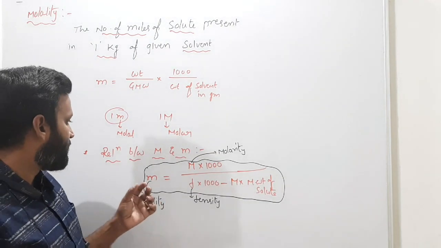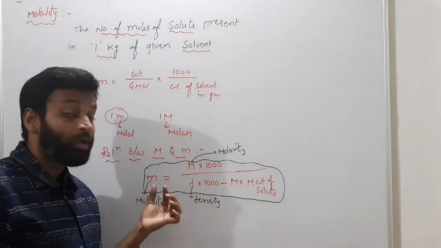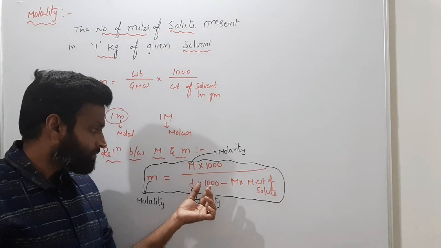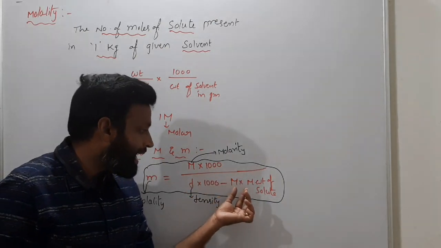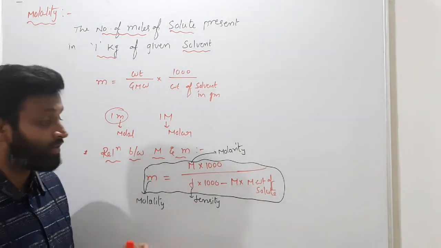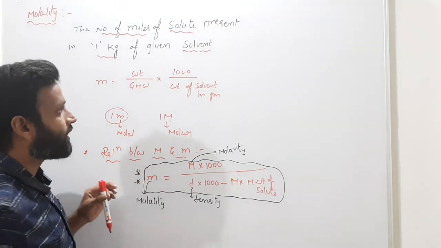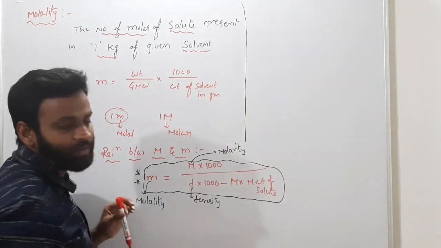So simply remember, in the relation between molarity and molality, molality is equal to molarity into 1000 by density into 1000 minus molarity into molecular weight of solute. This is a very important relation, so like that you can solve numericals.